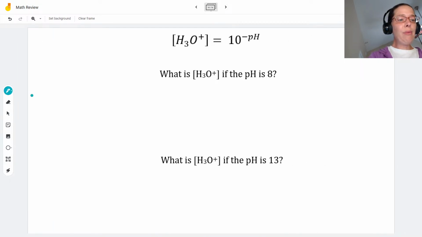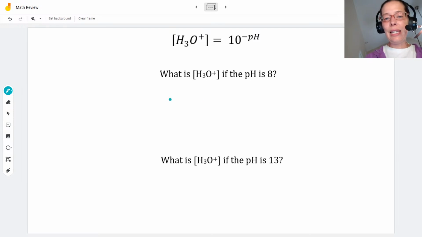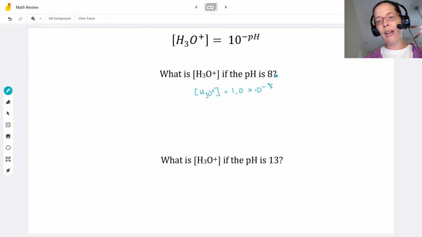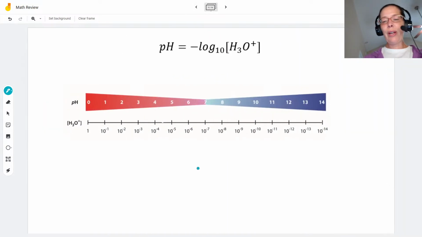Now, the first couple of problems that we're going to run here, we're going to go really, really easy. So I have a pH just straight up of 8, no decimal points, no nothing. That means that I can basically just think about that pH scale and how the numbers correspond to the concentration. And so my concentration of hydronium is simply going to be 1.0 times 10 to the negative 8. Again, if I go back, there we go.